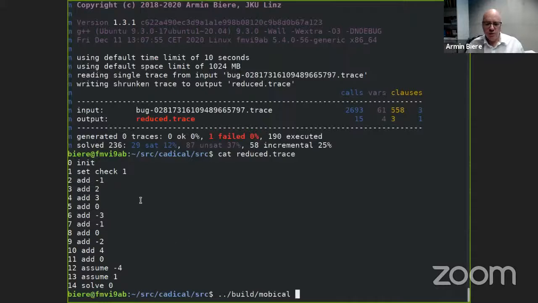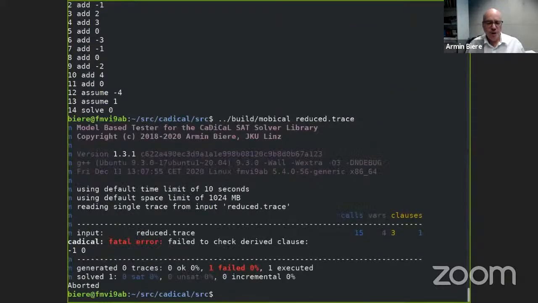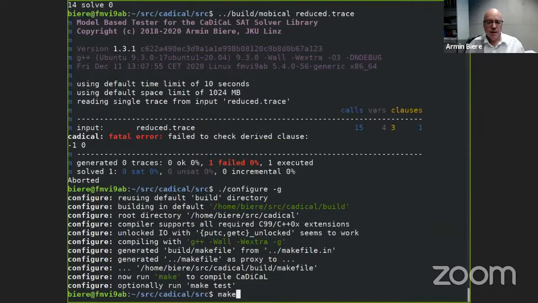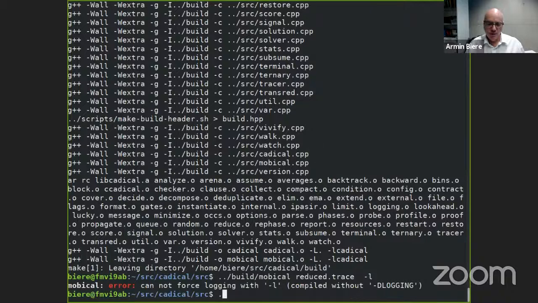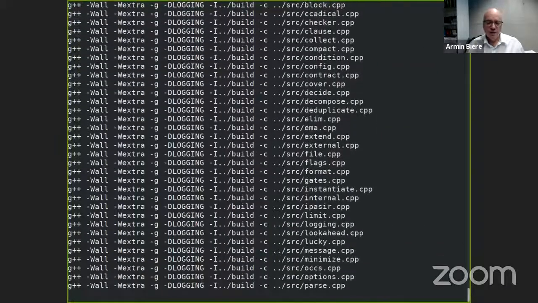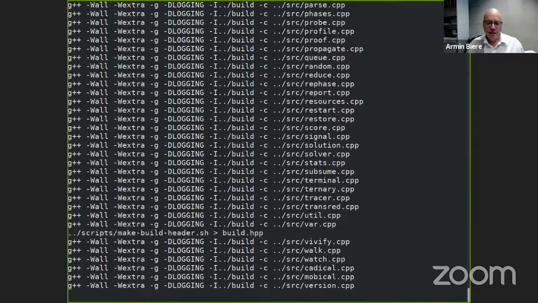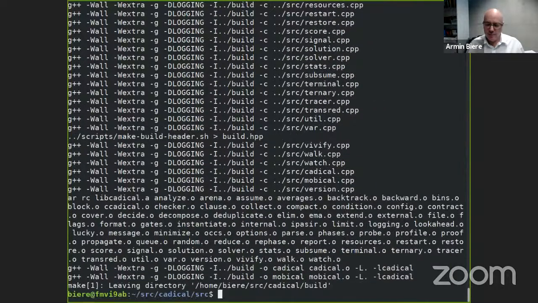And now you can go on and debug this. The first thing I would do is configure Categorical with debugging information, and then also say, oops, I need to say with logging. Then run the thing with the -L.